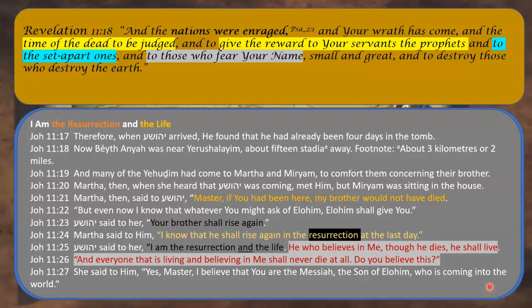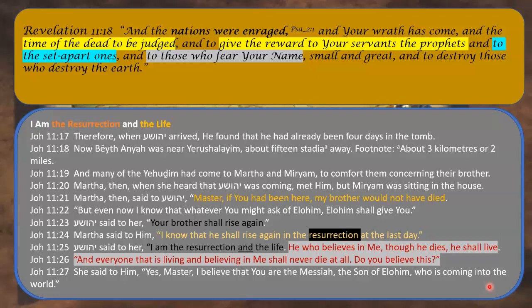But even now, I know that whatever you might ask of Elohim, Elohim shall give you. Yahusha said to her, your brother shall rise again. Martha said to him, I know that he shall rise again in the resurrection at the last day.